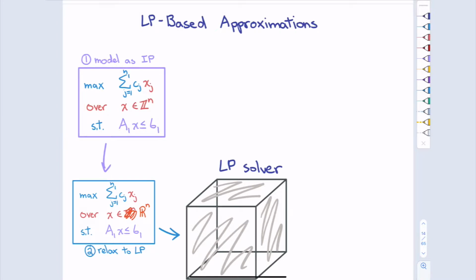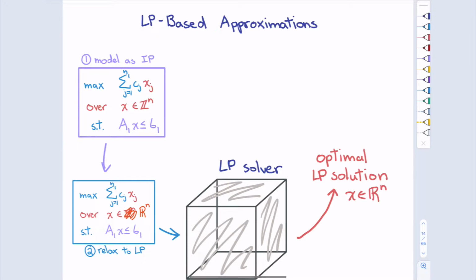All I care is that there's something that can solve it. Out of this black box comes an optimal solution to the LP, some fractional solution. Now, I was originally interested in some discrete problem, so somehow we have to figure out how to interpret the fractional solution, or maybe use it as a hint towards an integer solution.